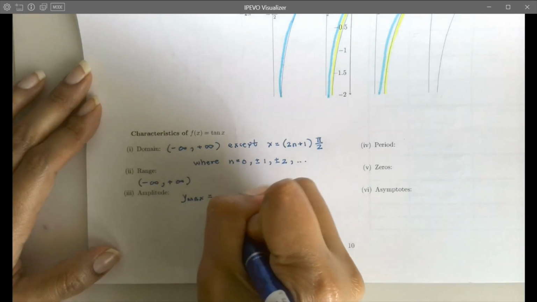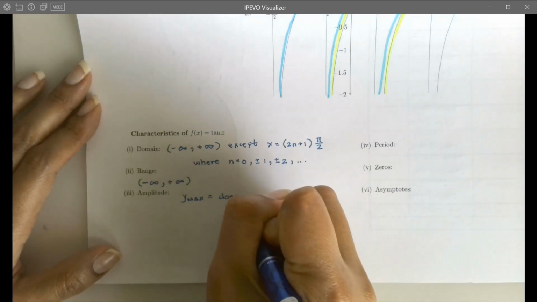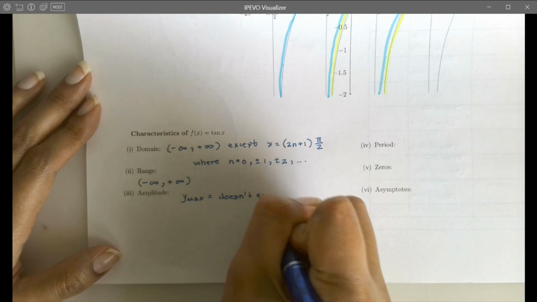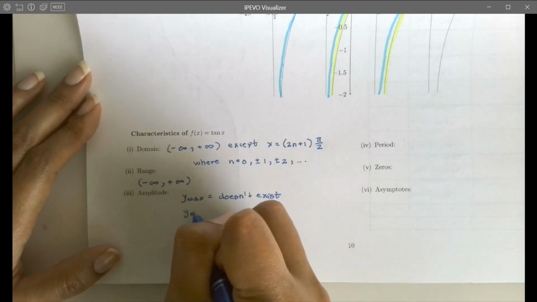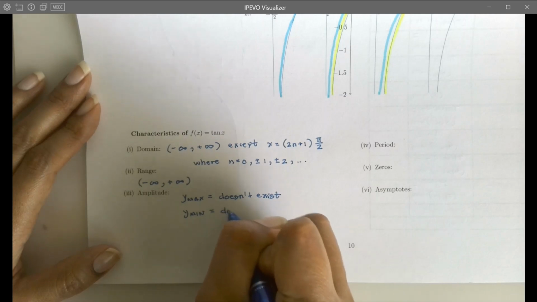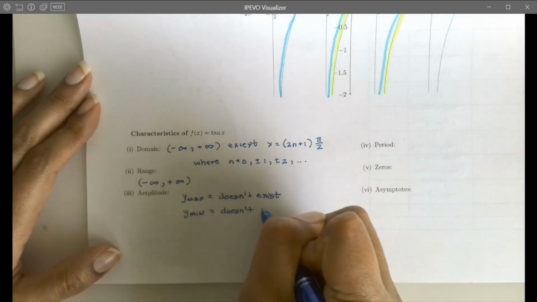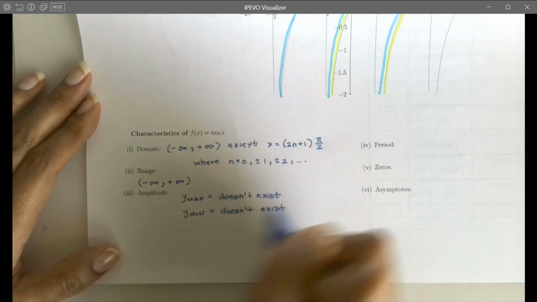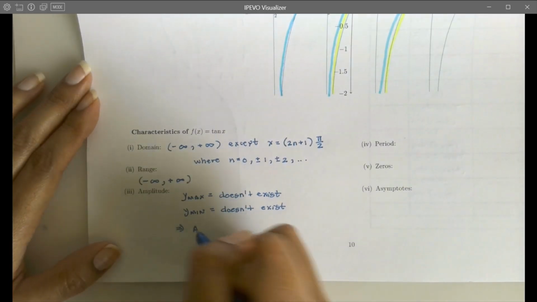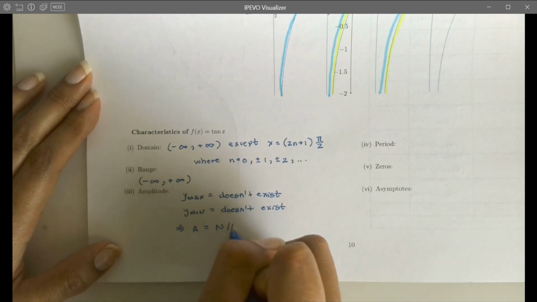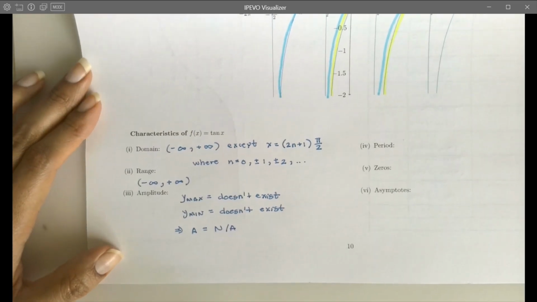So this one doesn't exist. And same thing for the y minimum. There is no minimum y value because the graph extends down to negative infinity. So that means that the amplitude here doesn't exist. So we're just going to write NA. Okay, it does not apply, not applicable.